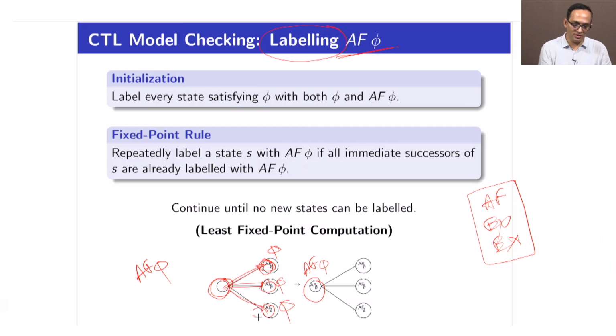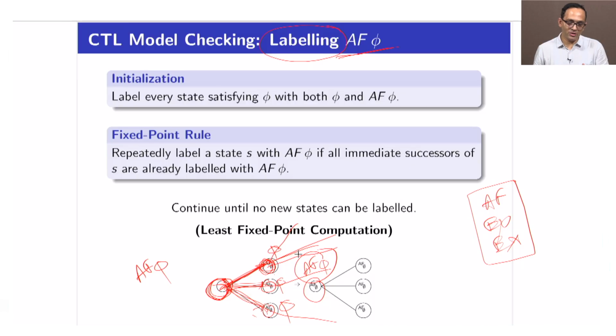So, if from this node any path goes through these successors, and for all paths AF phi holds there, it means on each path phi will eventually hold, right? So effectively the same will be true here also, and it is for all paths. So whenever I mark a node with AF phi, AF phi indeed holds there. There is no confusion about that. That correctness is by construction, by the method itself, right?